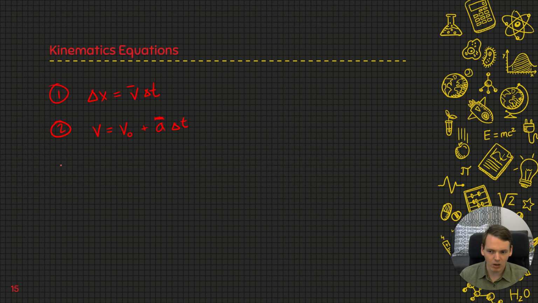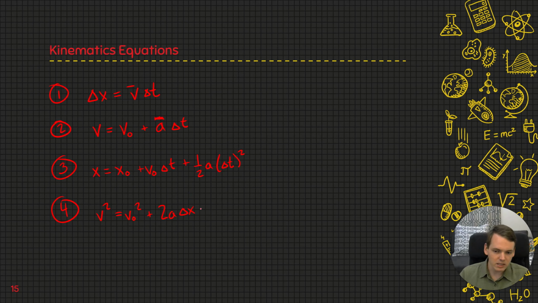Third, we're going to look at x equals x naught plus v naught delta t plus 1/2 a delta t squared. And then lastly, our fourth equation is going to be v squared equals v naught squared plus 2a delta x.